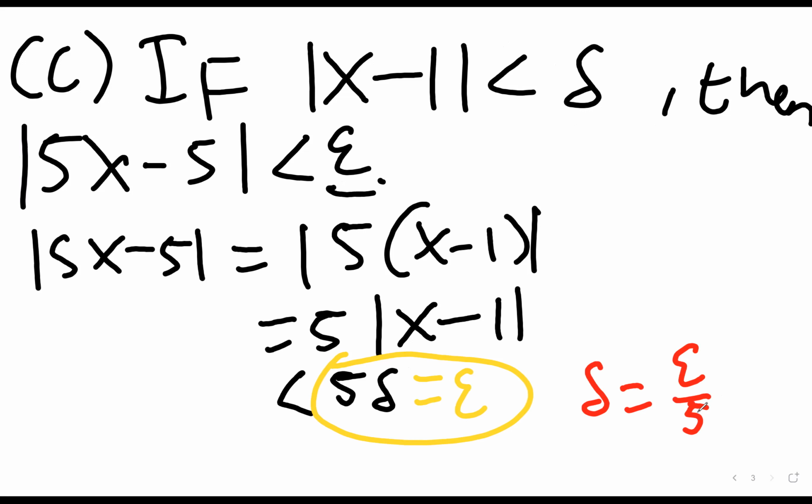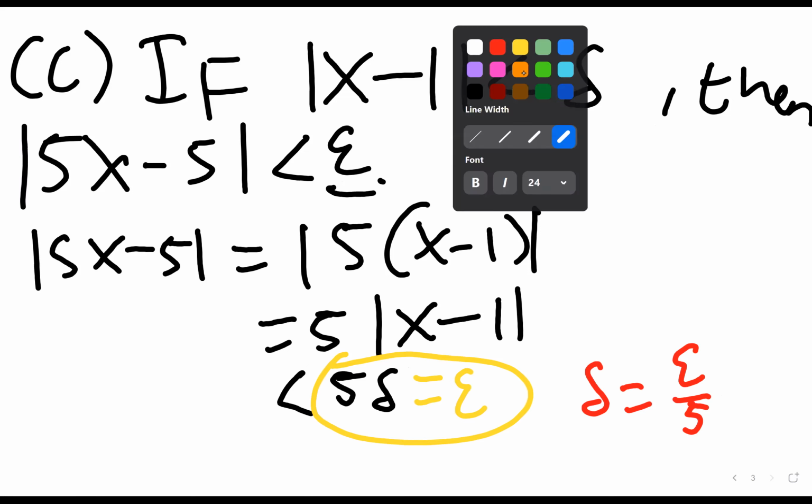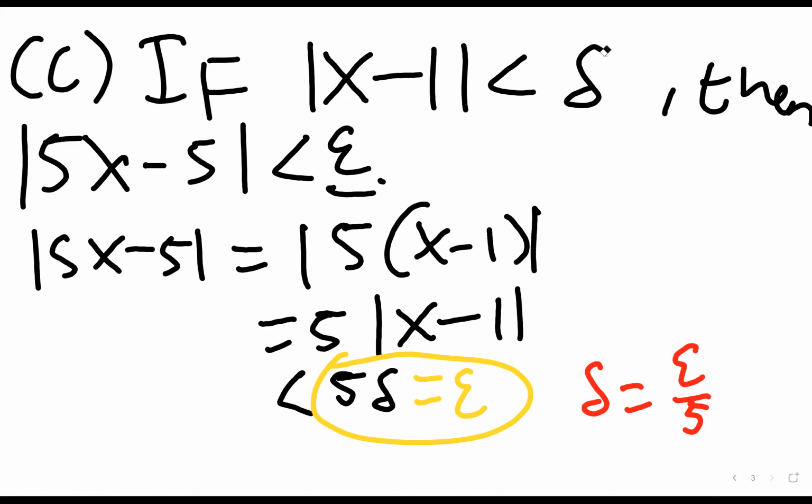It's of this value. So the answer will be epsilon over 5. Of course, any smaller number than epsilon over 5 is also the answer.